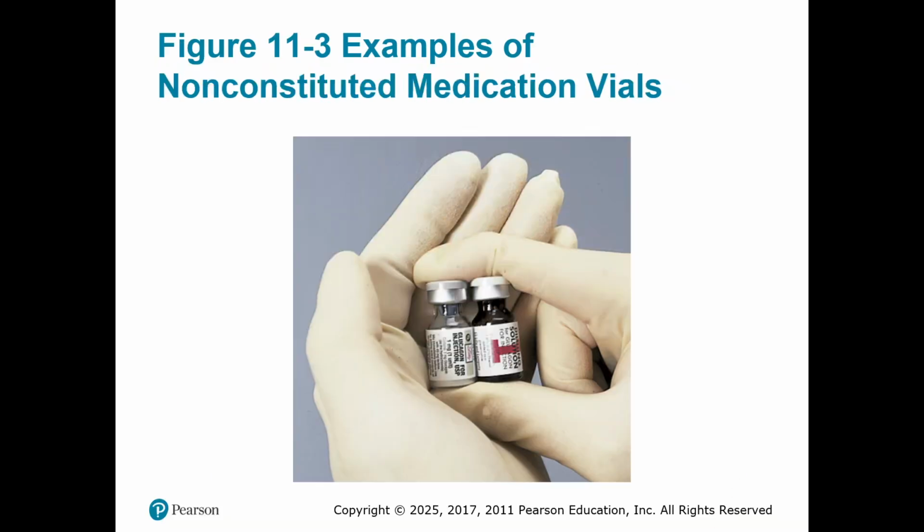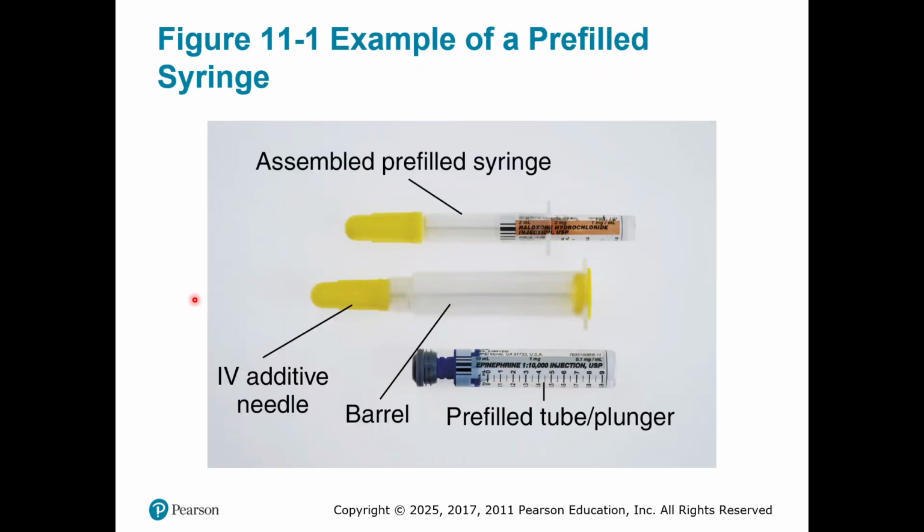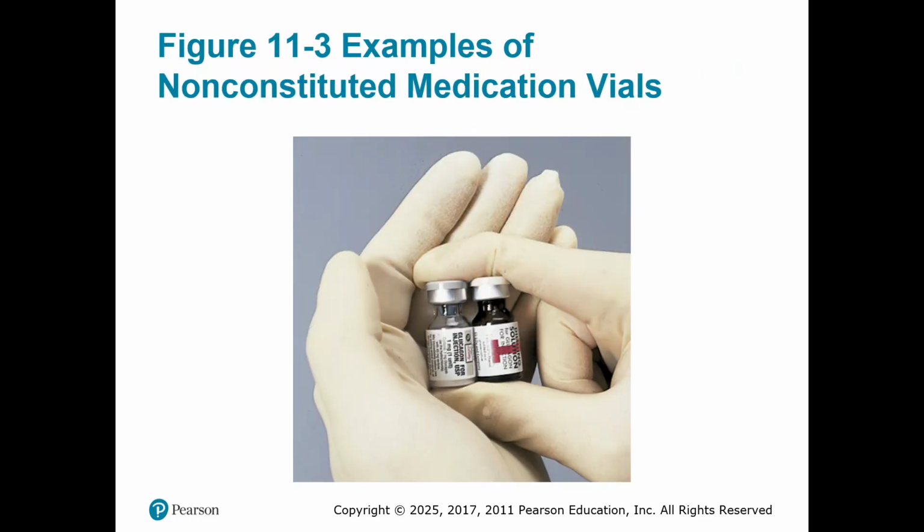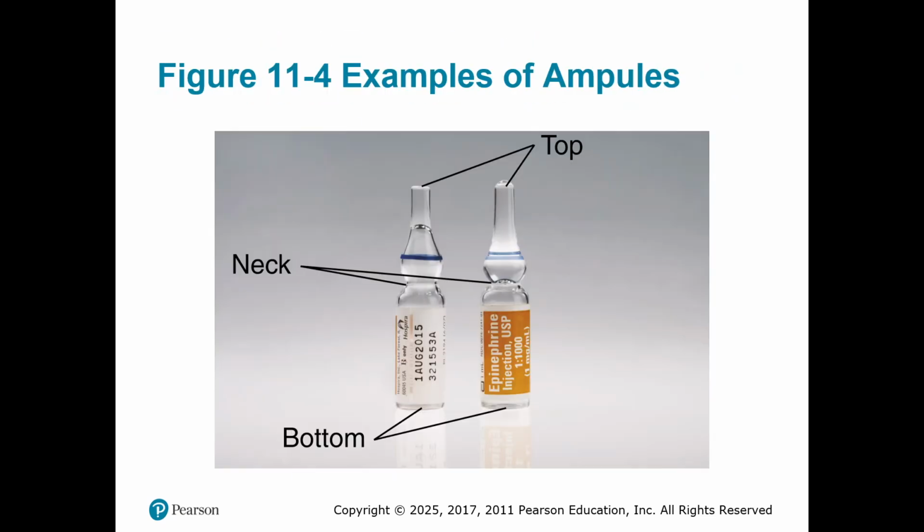But epi is also packaged like this, and it's packaged like that. So it's a 1 in 10,000 concentration, and we can administer it IV to someone without a pulse. So it does depend on its use.